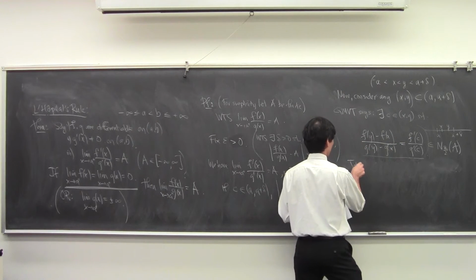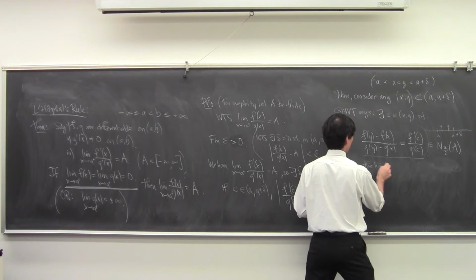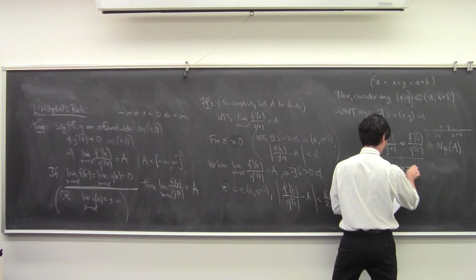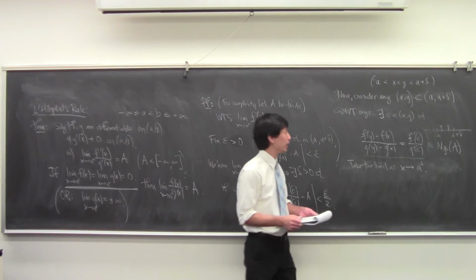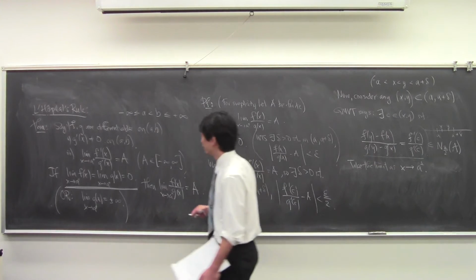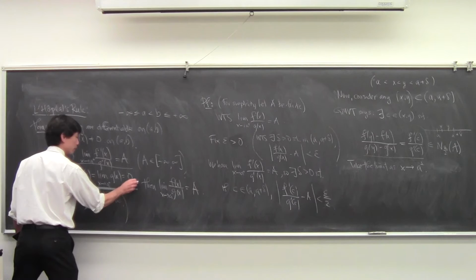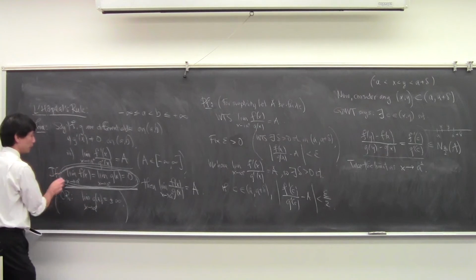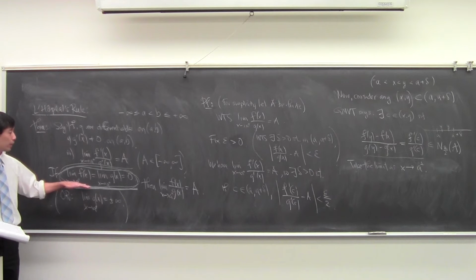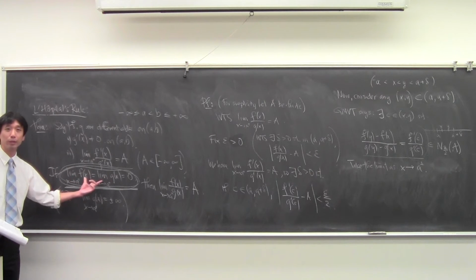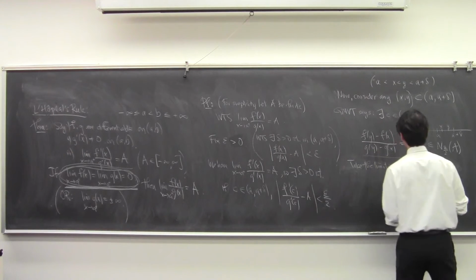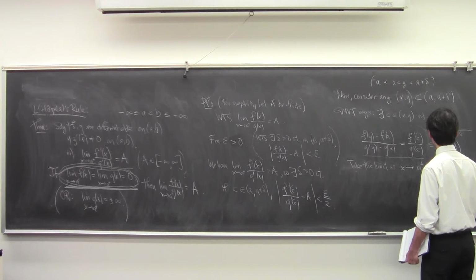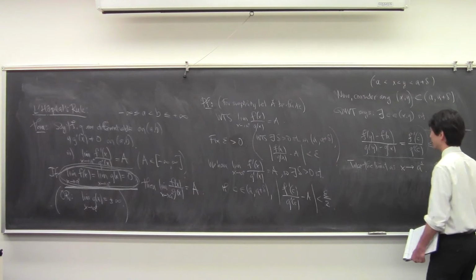Okay, so now take the limit as x goes to a plus. Take the limit as x goes to a from the right-hand side, and suppose we're in this case. f of x and g of x both go to 0, right?